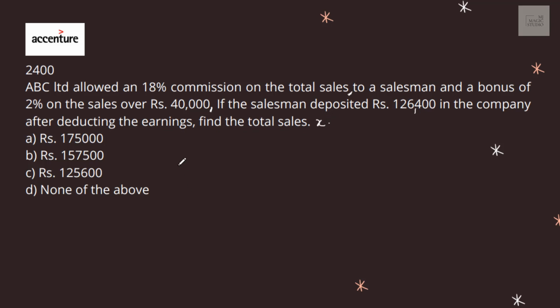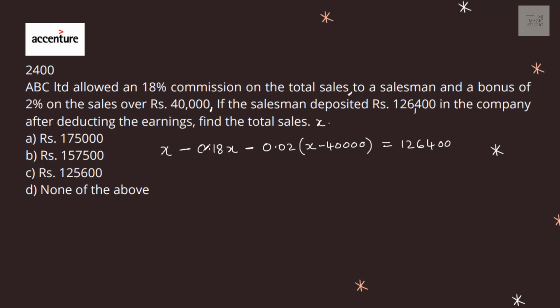Let the total sales be X. Then from X, he has taken out his 18% commission. He has also taken out his 2% bonus on the sales in excess of 40,000. And after this, he has submitted the balance to the company, that is 1,26,400.